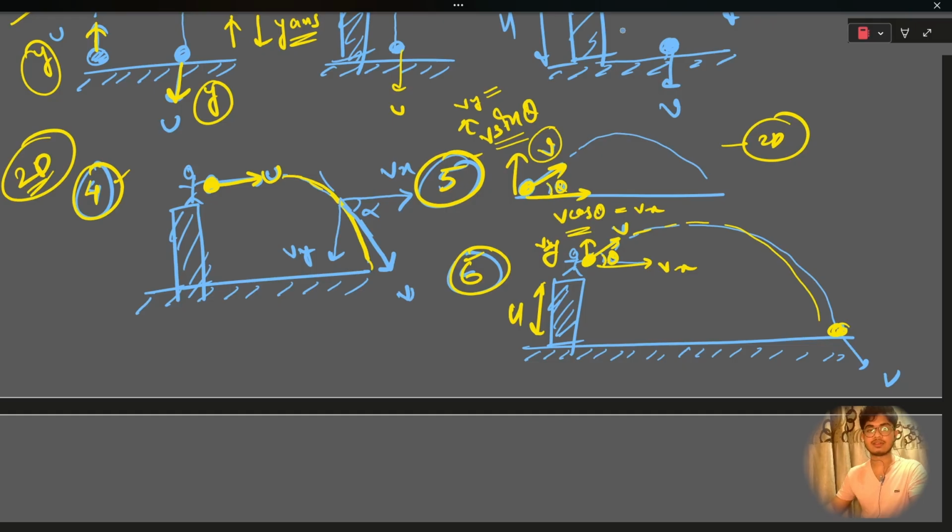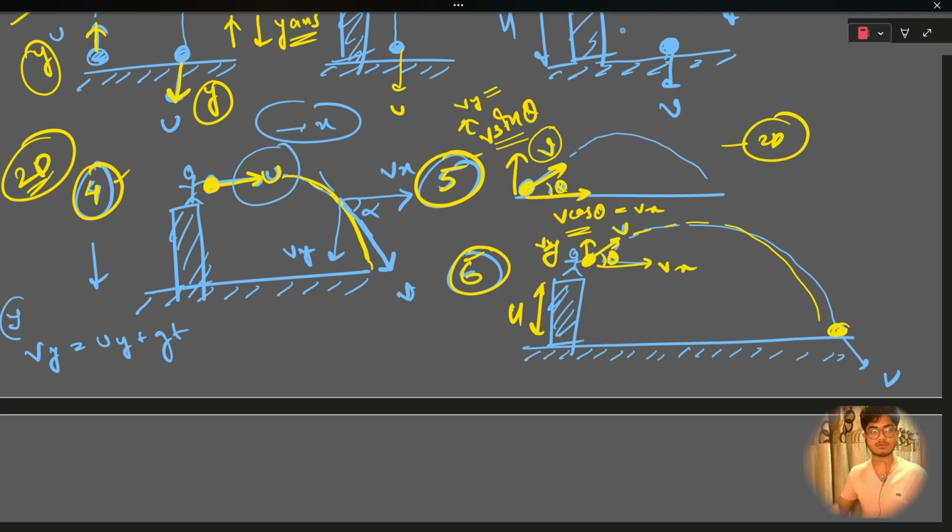Initially it has only velocity in the x direction, but because g is acting downwards, v is uy plus gt. Suppose the equation is like this when you're looking at the y-axis; you'll understand this later. The Vy initially is 0 because the man is just throwing the ball with u horizontally.